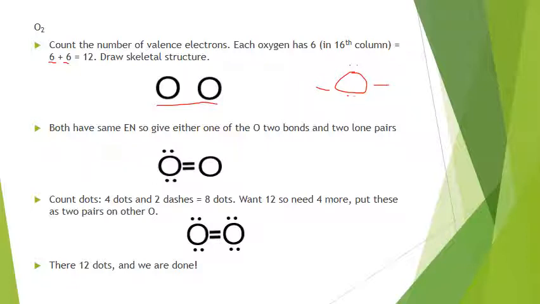So the double bond is the right one. Count the number of dots: 2, 4, 6, 8. You need 4 more. So put in a bond, and you're done. And if you notice, both oxygens have 8 electrons in their outer shell, which you expect, and also 2 bonds and 2 lone pairs, as second row elements do.